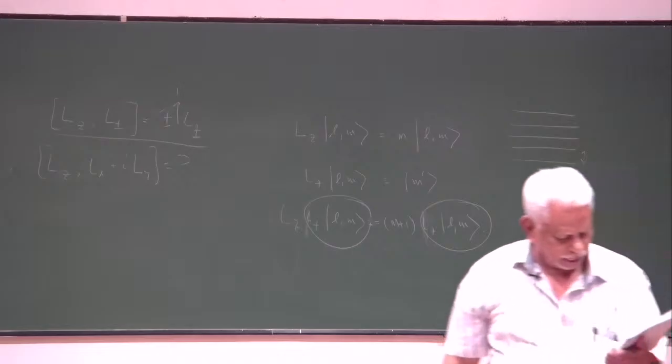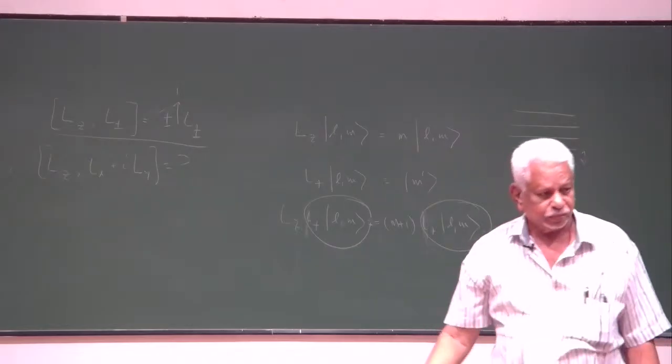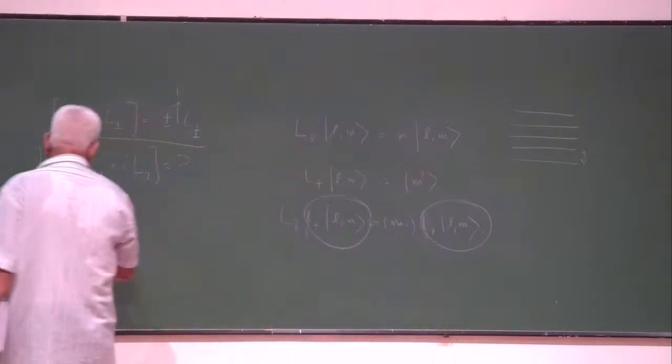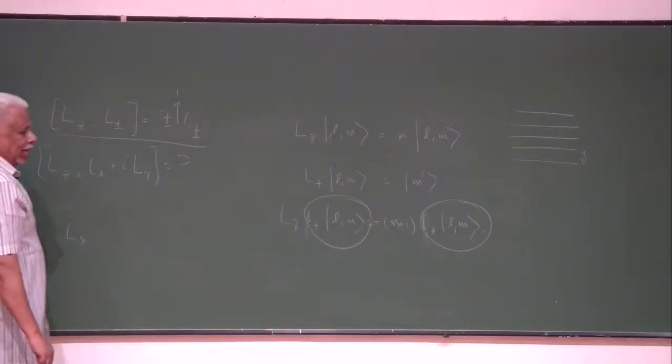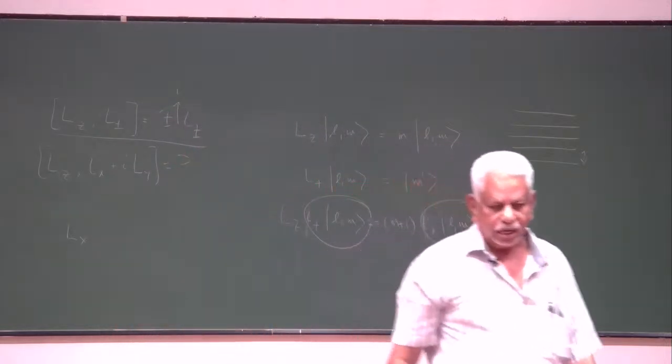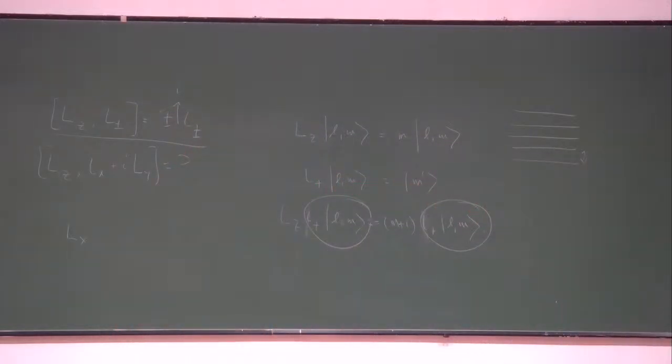How do I know it? For me, Lx is a Hermitian operator, which means it will have only real eigenvalues. When I say real, it can be positive and negative.